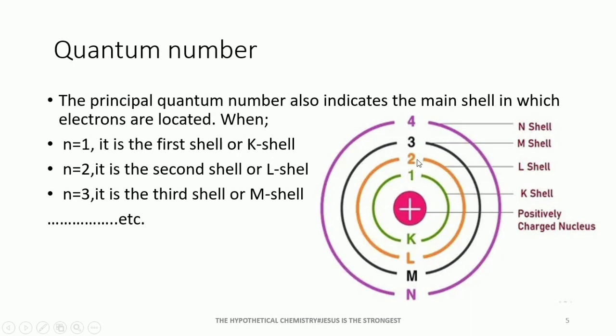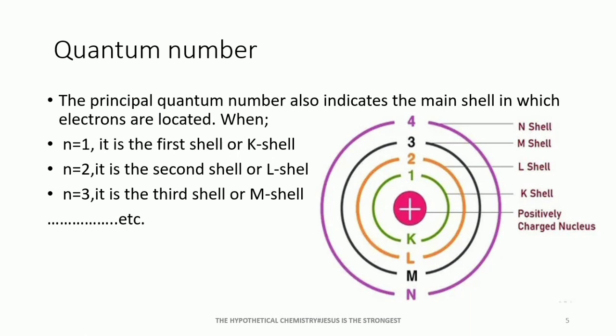When n is equal to 2, we are talking about the second shell, also known as the L shell. 3 is equal to the third shell, known as the M shell. 4 is equal to the N shell, or the fourth shell. 5, so alphabetically, from K, L, M, N, O, that is the fifth shell. Then P, Q, in that order. So kindly let's take note of that.